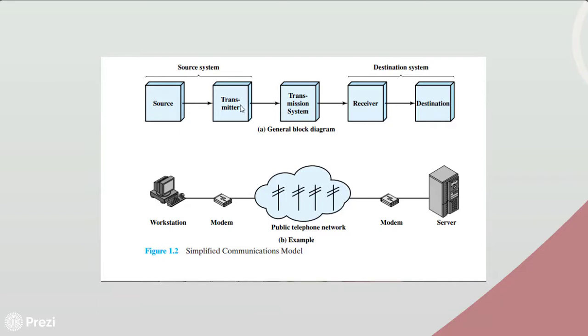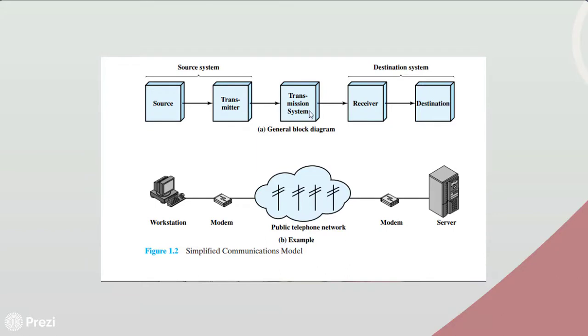For the transmitter, usually the data generated by a source system are not transmitted directly in the form in which they were generated. Rather, a transmitter transforms and encodes the information in such a way as to produce electromagnetic signals that can be transmitted across some sort of transmission system. For example, a modem takes a digital bit stream and converts it into an analog signal that can be handled by the telephone network.